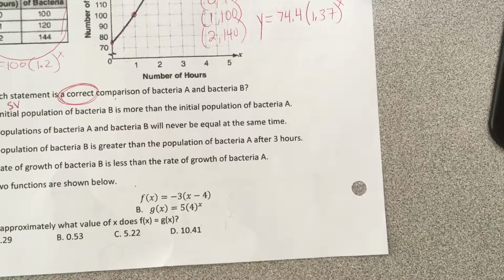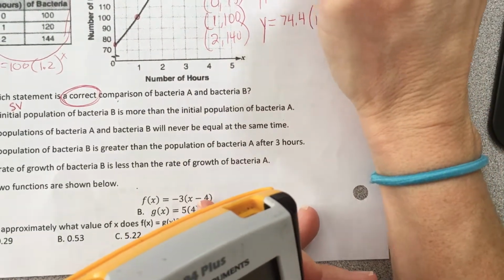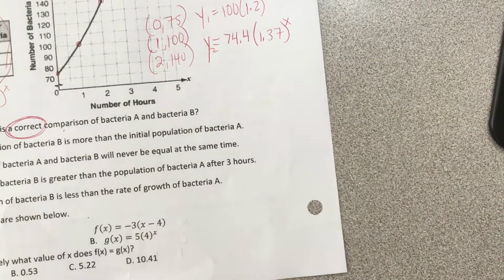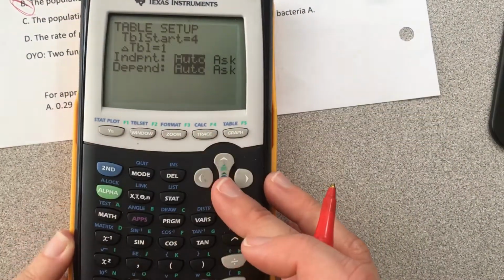All right, type in these two equations, 100, 1.2 to the x. And then y2 is 74.4, 1.37 to the x. All right, what are you telling it to start at?